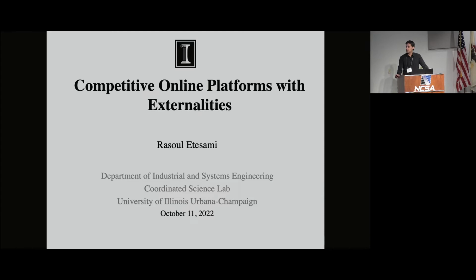So the purpose of this talk is to provide two online platforms that exhibit high levels of externalities. By externalities, I'm referring to the effects that different agents have on each other as a result of different resource allocation strategies. The two problems that I'm going to describe today are online versions of some of the classic problems which have been studied widely in the past literature.